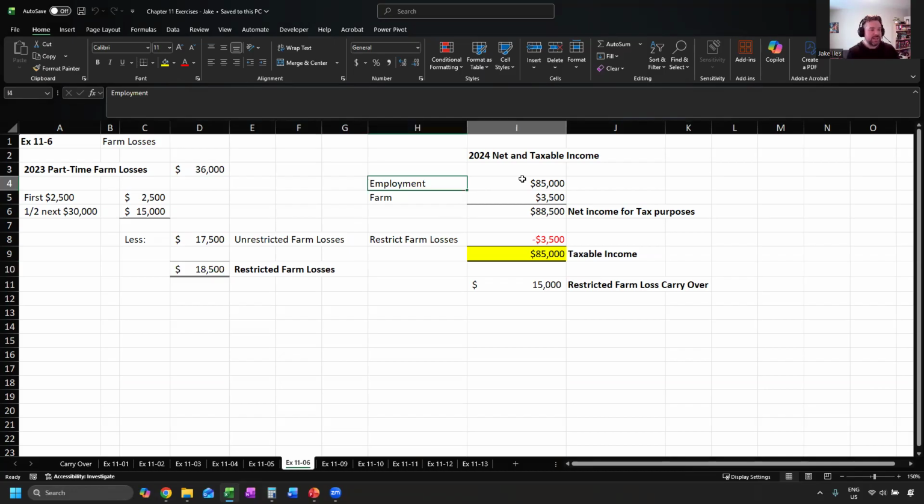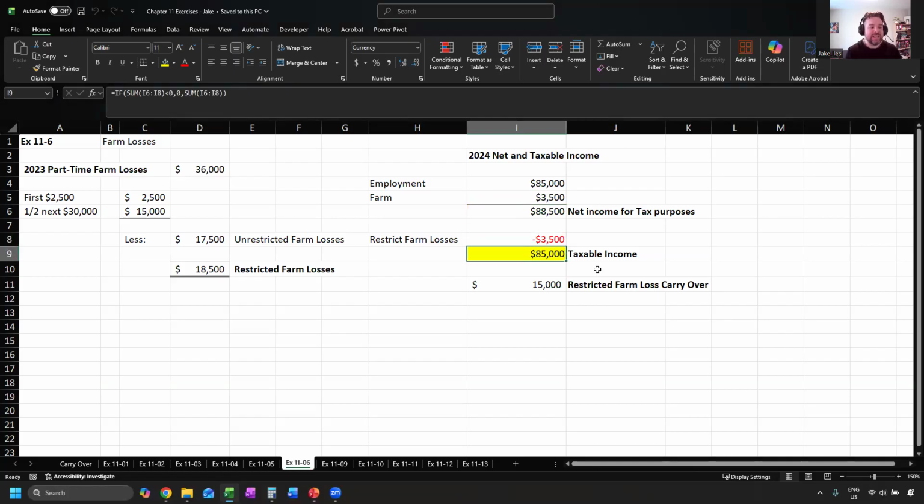This year's employment income was $85,000 and then farm income was $3,500. So her net income number was $88,500, but then we get to subtract our restricted farm losses as far as the farm income allows. So we remove $3,500 of income.